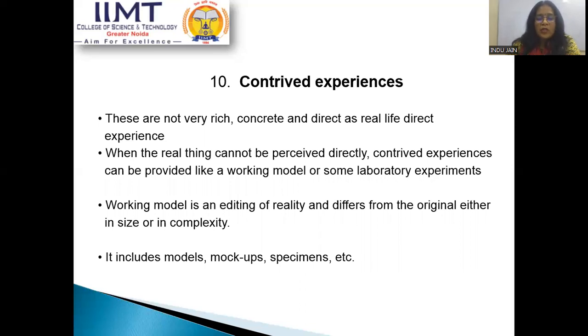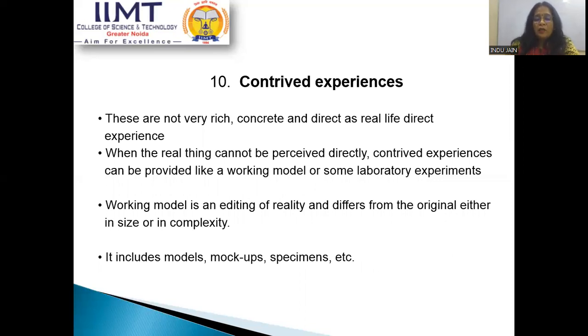So those things which cannot be brought to the classroom in real form, we can make working models of to explain the same process, fact, or object before the students. A working model is an editing of reality. Basically, working models are very close to the real objects and differ from the original only in size or complexity.